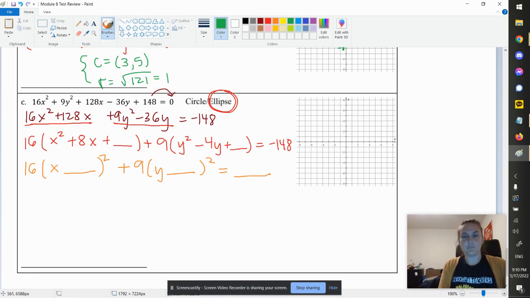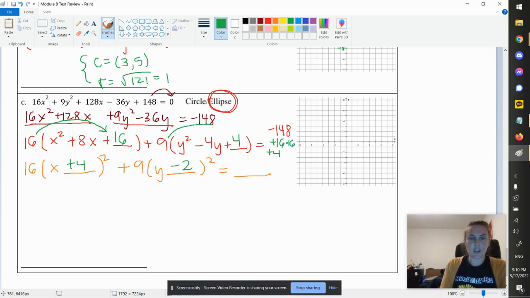Now we complete the square. We do 8 divided by 2 is 4. 4 squared is 16. Negative 4 divided by 2 is negative 2. Negative 2 squared is 4. Over here, put this right here. I'm going to add 16 and add 4. But I didn't actually only add 16. I added 16 times 16.